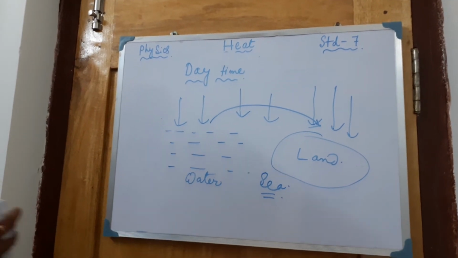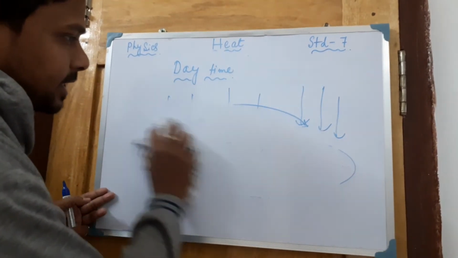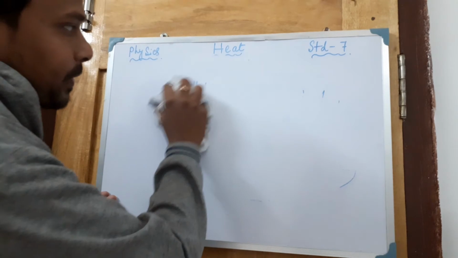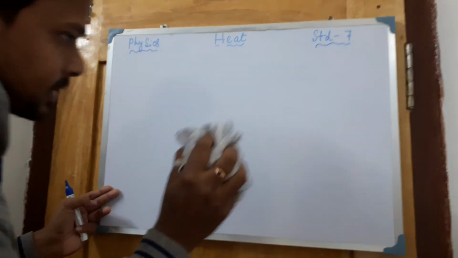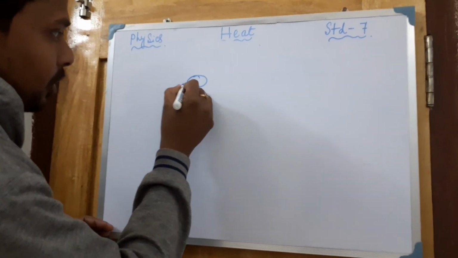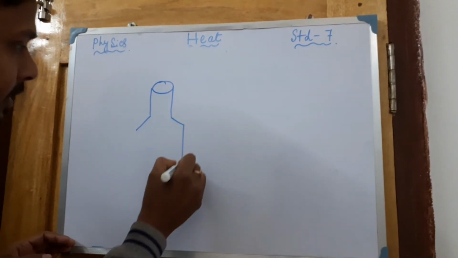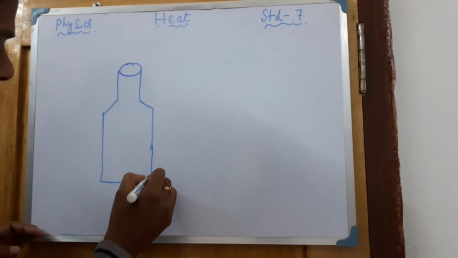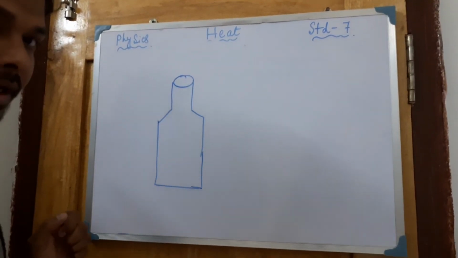The last part of your chapter, which I will give you in the assignment also, is the thermoflask. I'm telling you the basic principle here. If you talk about a flask, it is bounded by a bad conductor and good conductors also.